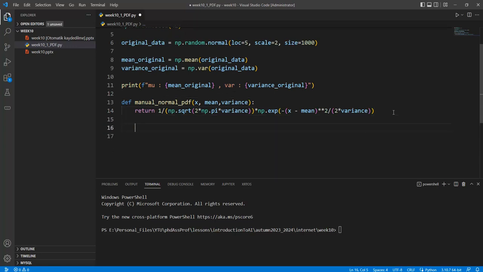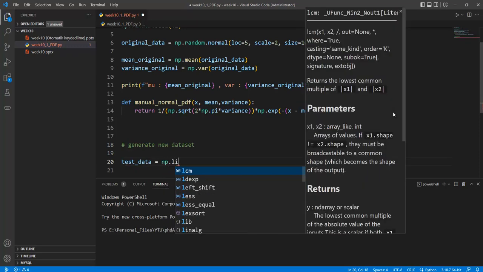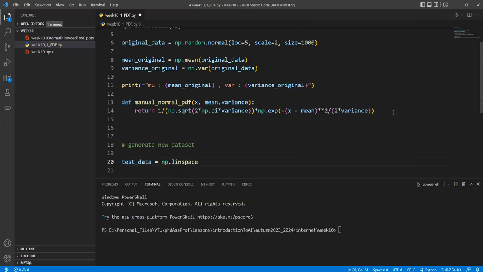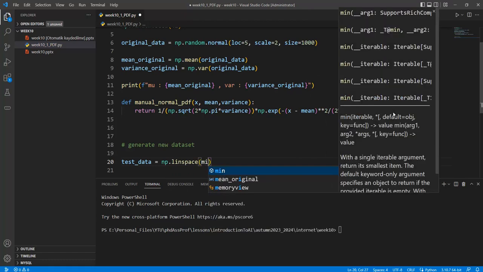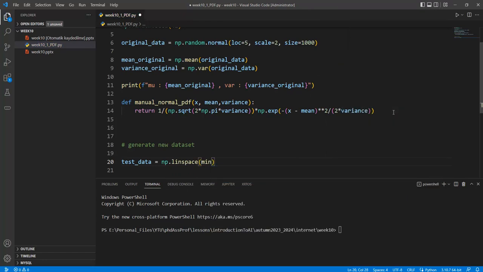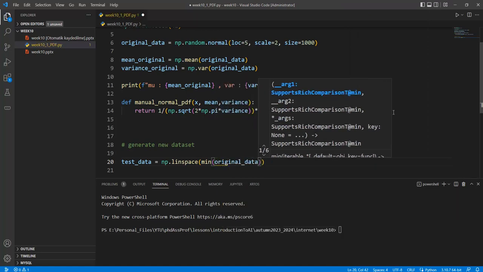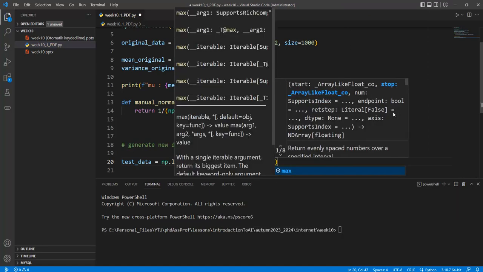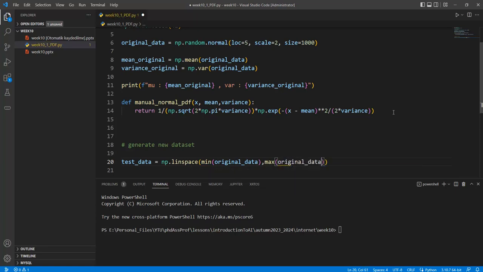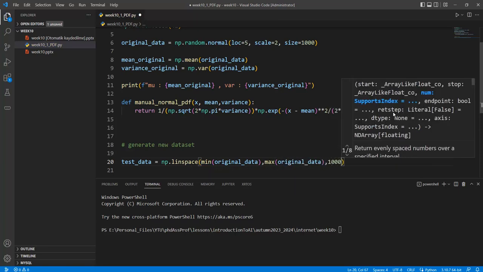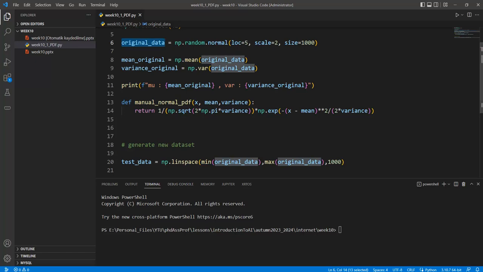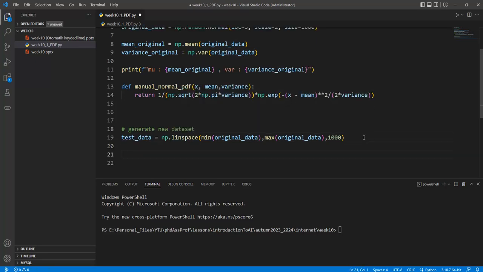So for this model we need to generate a new data set like this one. Test data is random data. np.linspace is given the min of the original data and the max of the original data and 1000 points. This is different from the original data; this is the newly generated one.